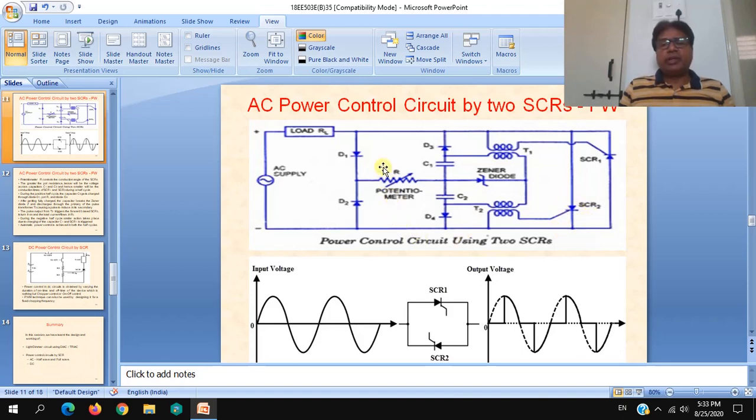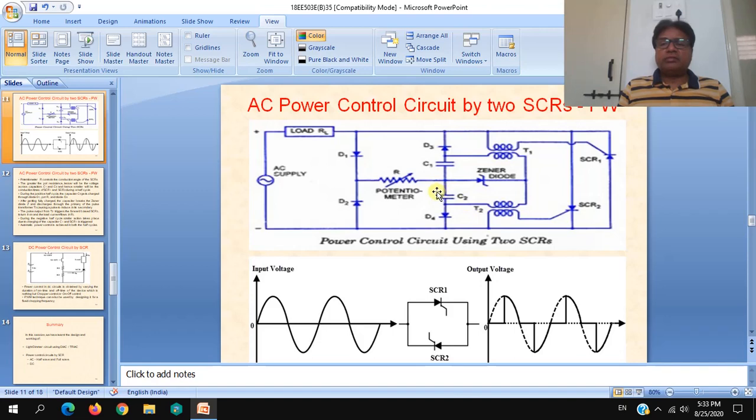During this time, depending on the value of the potentiometer, this capacitor builds up its voltage. If the value of the potentiometer is less, the capacitor gets charged in lesser time. If this resistance is more, it takes more time. Once this capacitor gets sufficient voltage, it discharges.